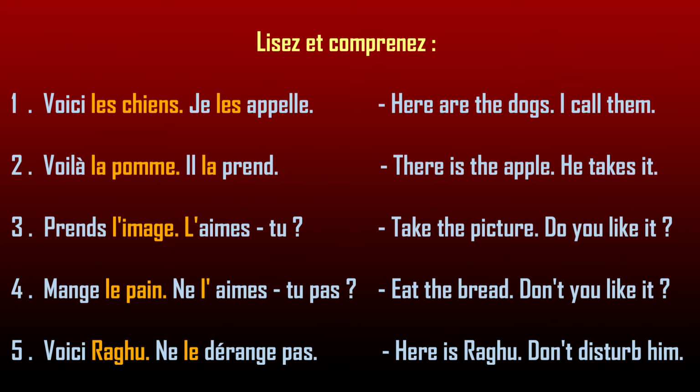These five sentences will help you understand the construction of direct object pronouns in different forms: affirmative, interrogative, negative, and negative interrogative. With this, we come to the end of this lesson that deals with direct object personal pronouns in the French language, its application and construction.